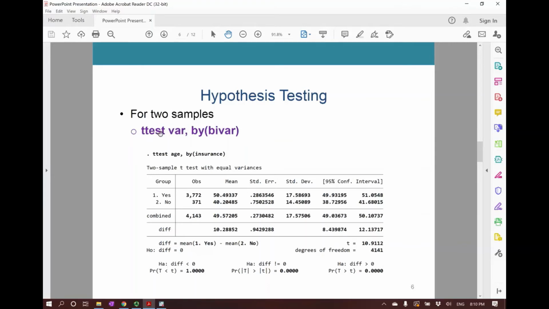We do not have to say test this variable equal to something. Alternatively, we want to test this variable across some group. And at least by a binary variable, this is saying that because we are testing for two groups, we have to always have a binary variable included in the parentheses.